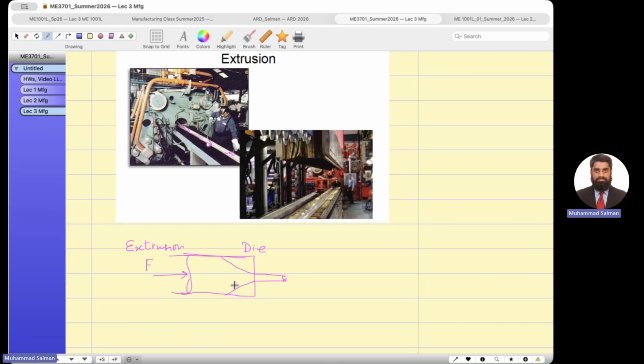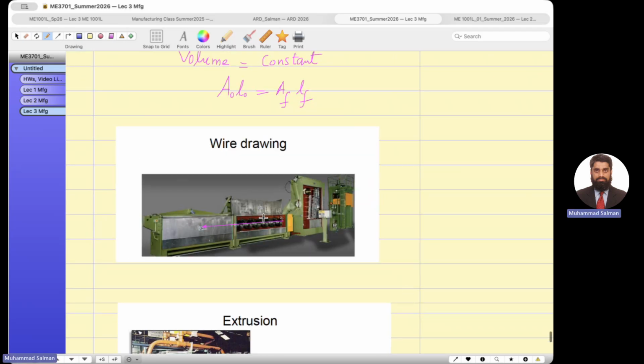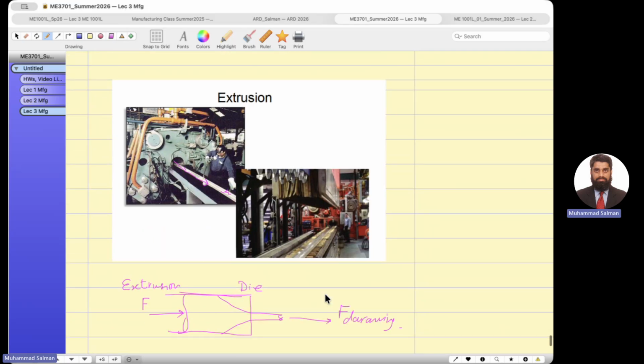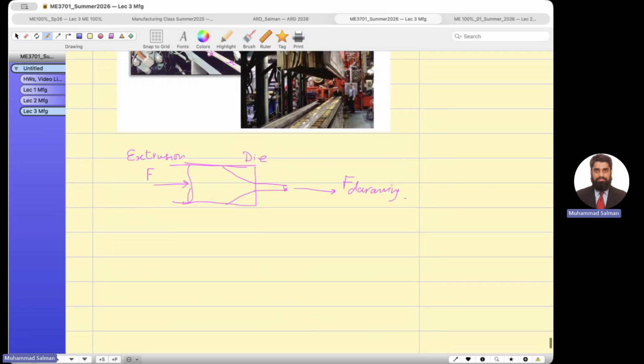Similarly, curtain railings, they are all extrusion process. And in wire drawing, the die is the same. You pull it, drawing force. You see, these are the motors, which are pulling the metal outside the die. You will study it later, but it's just explanation.